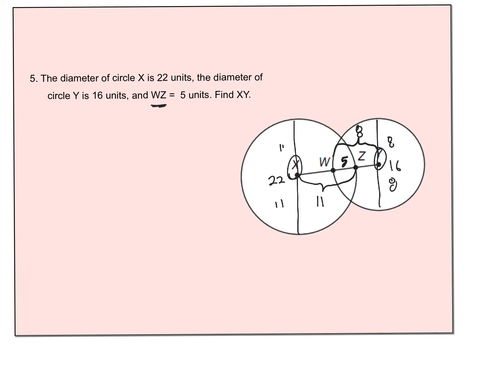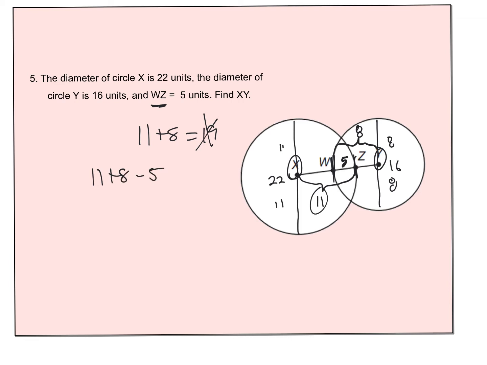Now what I can do is say this. I can't just go 11 plus 8 and say, oh, it's 19. That would be wrong, because 11 plus 8 counts this length, this WZ, twice. There's 5 that's included with the 11, and 5 that's included with the 8. So I can't just add those two.